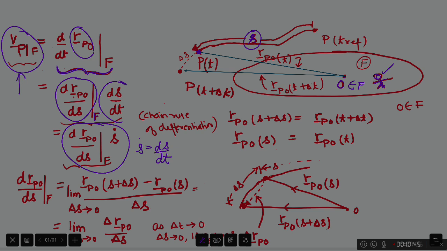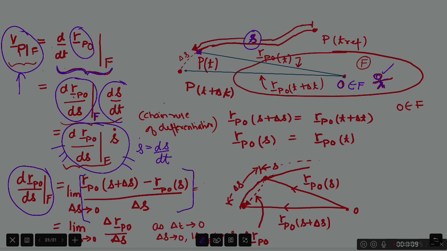Now let's focus our attention on this particular factor, the rate of change of the position vector with respect to S. According to the definition of this quantity, this is a limiting value of the quantity that I have written here.